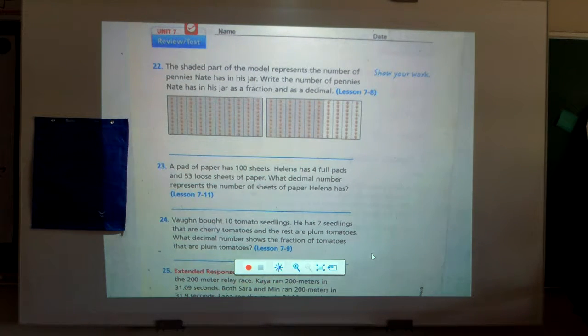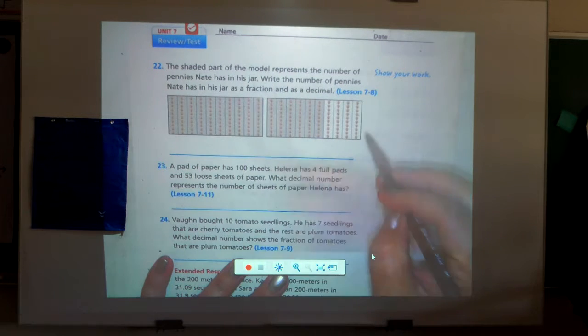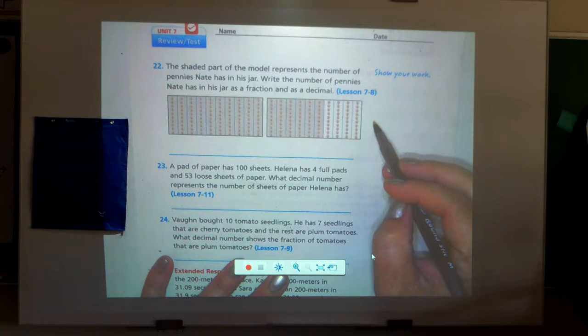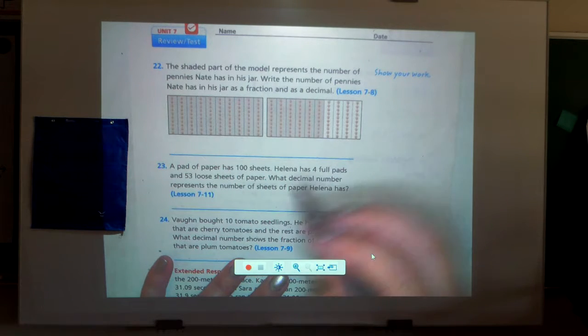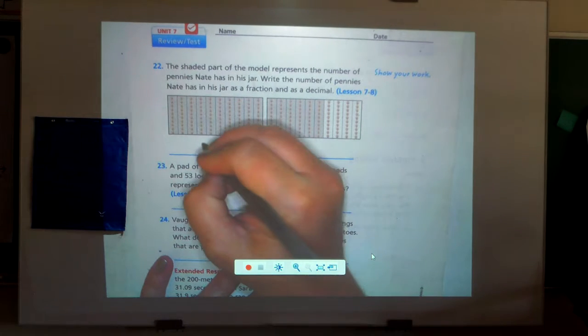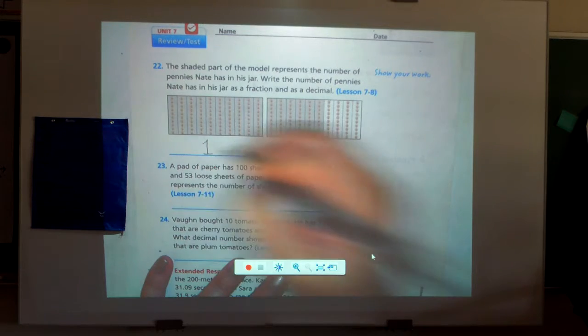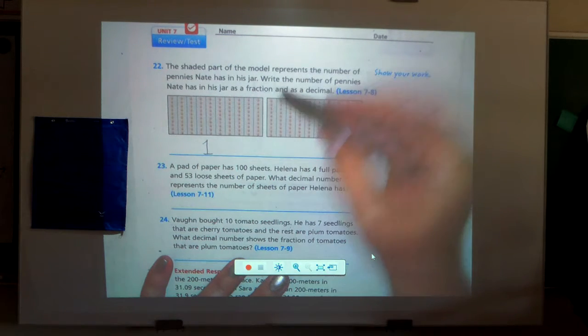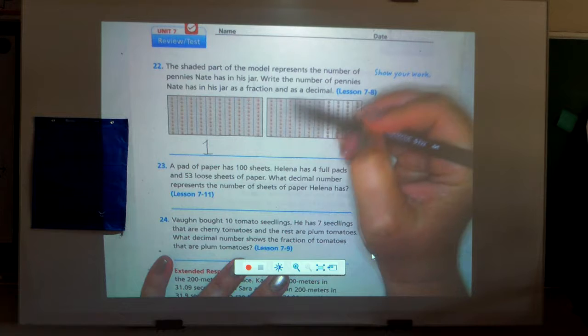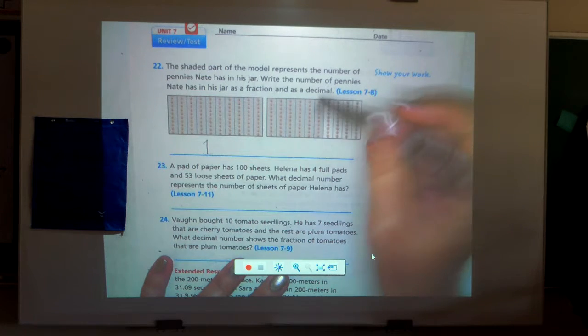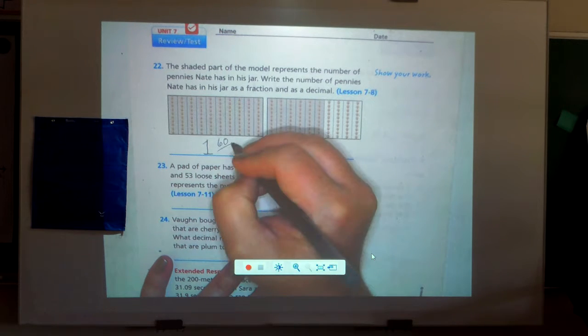So for 22, you were asked to take a look at the part that was shaded in the model and name it as a fraction and as a decimal. And we know that we have one whole and we have 10, 20, 30, 40, 50, 60 out of 100.